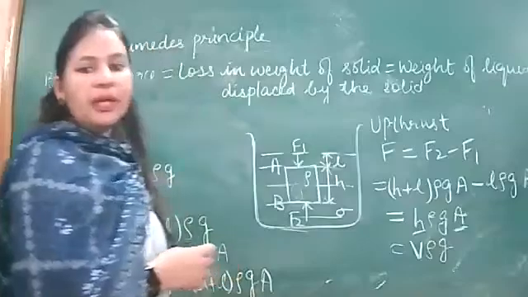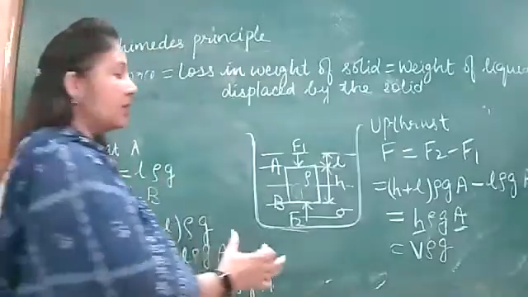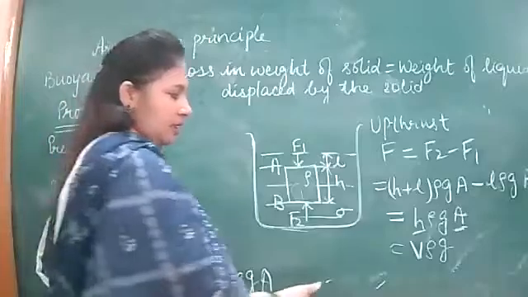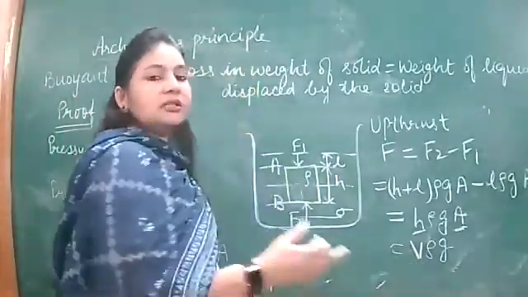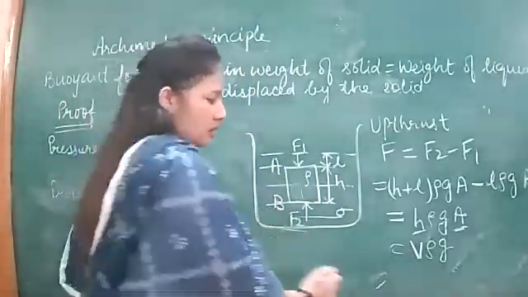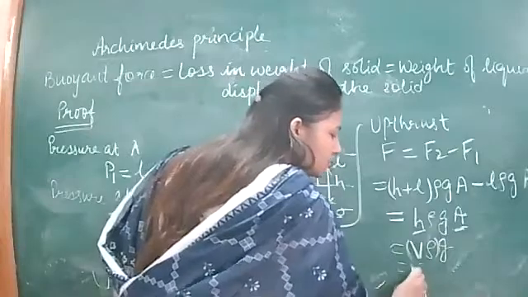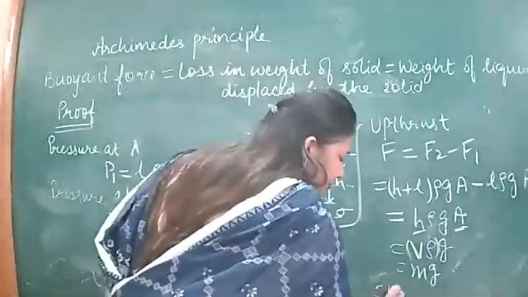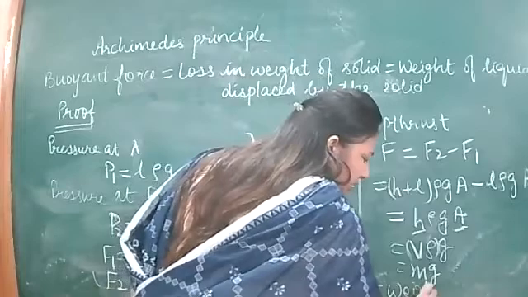This is the volume of liquid displaced by this object, because it has taken the place of some liquid, so it will displace the same amount of liquid. So this is the volume of liquid displaced by the solid. This volume into density is the mass of liquid displaced by the solid, and this mg is the weight of liquid displaced by this solid.